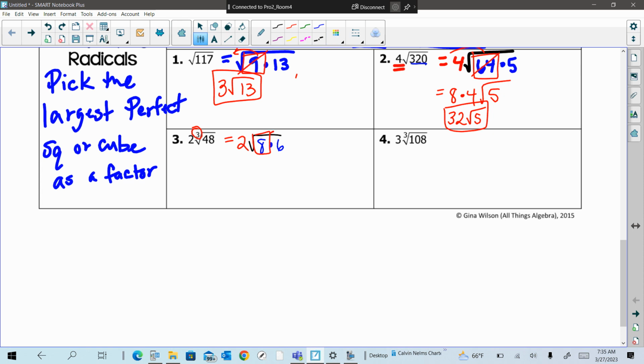So the 8's gone and comes out as a 2. So you have 2 times 2 left with that cube root of 6. So the final answer really is just 4, because 2 times 2 gives you 4, cube root of 6.